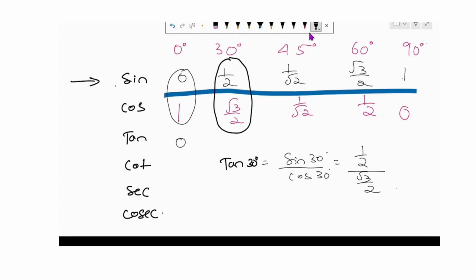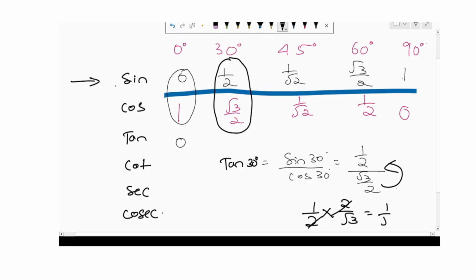When we have fractions in both the numerator as well as the denominator, this can be written as 1 by 2 multiplied by the reciprocal, 2 by root 3. So 2 and 2 get cancelled, and the answer is 1 by root 3. So tan 30 is 1 by root 3.